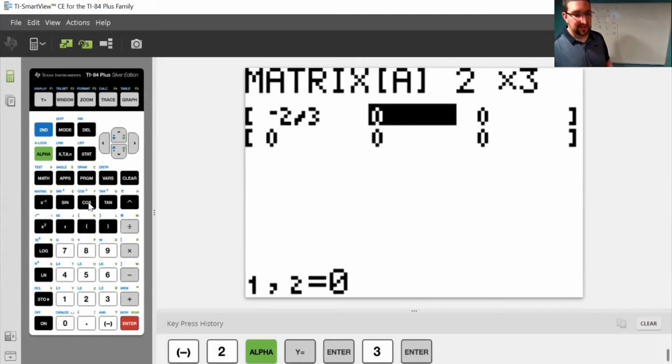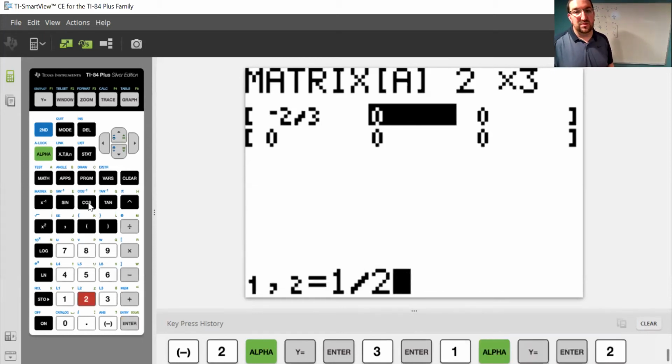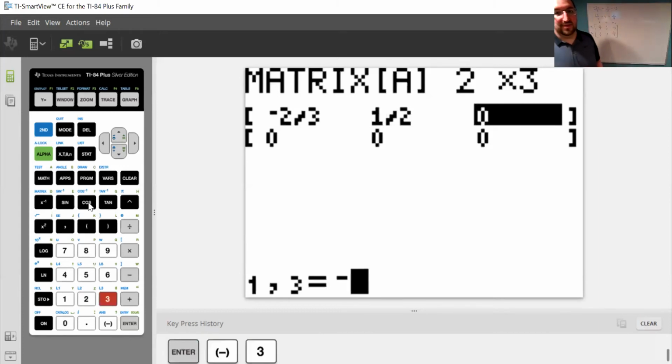I know on the 84 Plus CE that it would enter the box over the box, but I'm using an older version of the Smart View. So I had to figure out something on how to do that. So now we're looking at 1/2. So I could hit 1, then alpha y equals over 2. That enters as 1/2, and then -3.